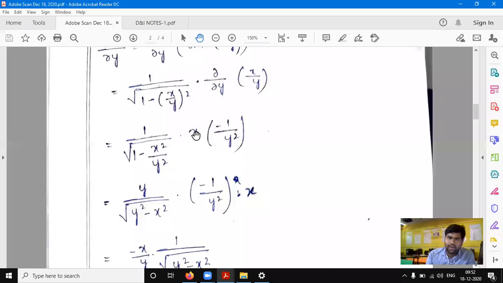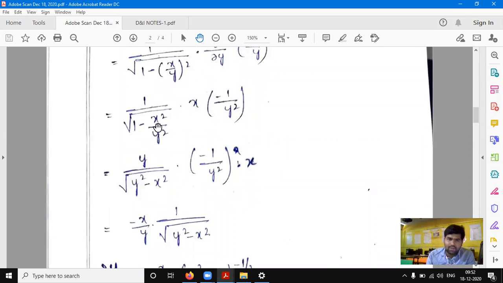The derivative of 1 by y is minus 1 by y square.